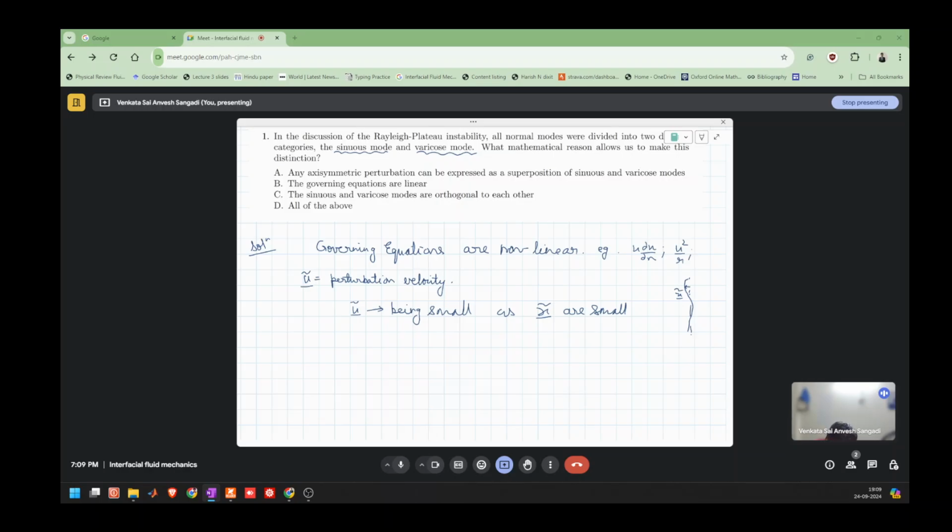Once these are neglected, the governing equations are linear.